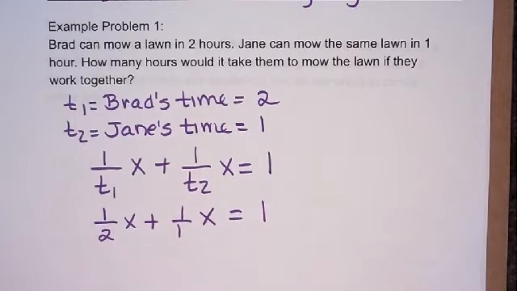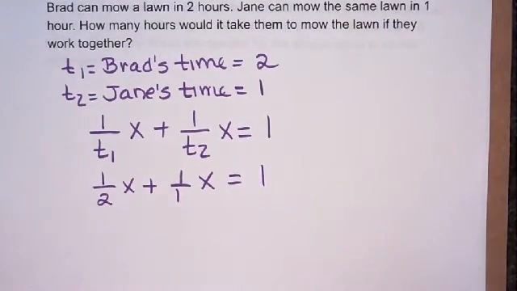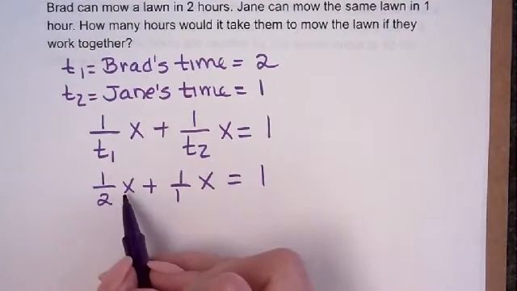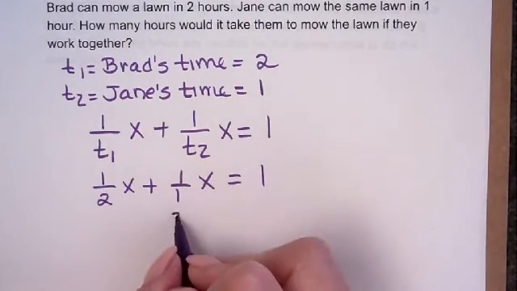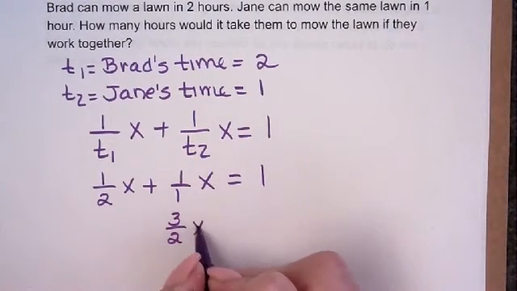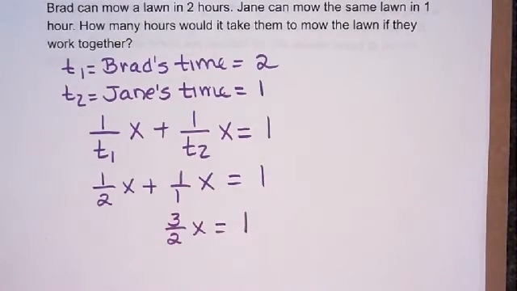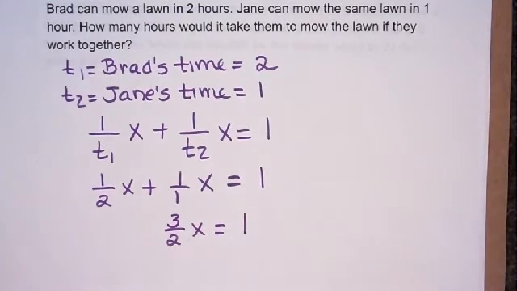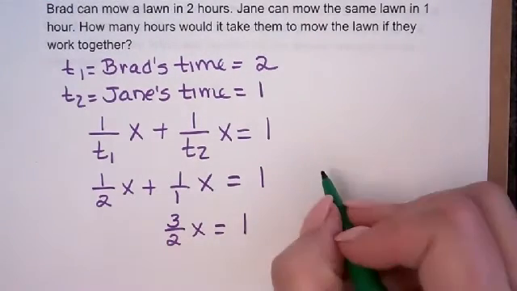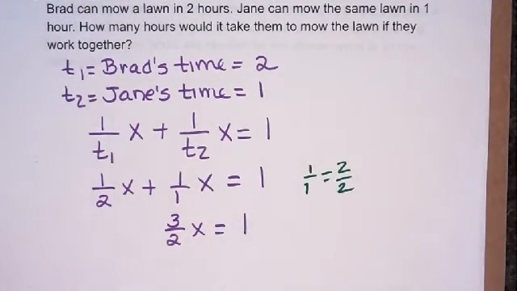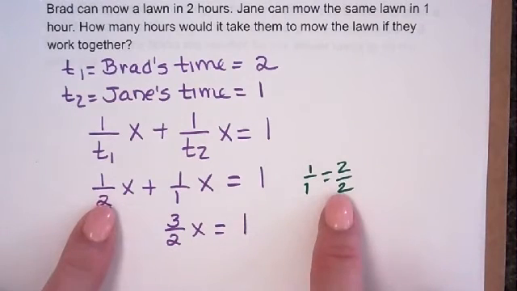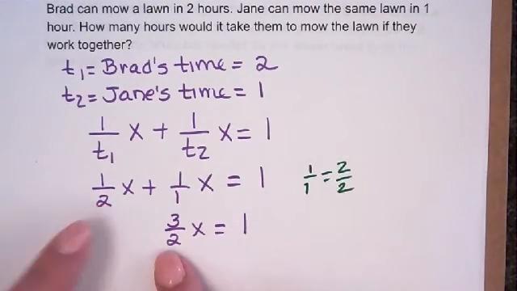Now I need to combine my like terms because we're going to solve for x. So 1/2 x plus, and that's really 1, isn't it? I'm going to make that 3/2 x equal to 1. Because this 1/1 is really the same thing as 2/2. I have fractions with the same denominator, so 1/2 plus 2/2 gives me 3/2.